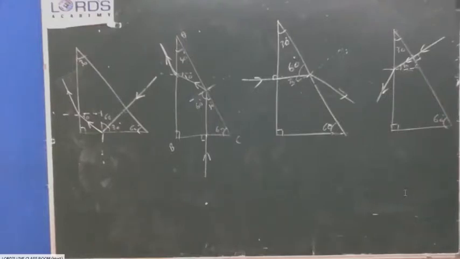It's not in the syllabus, but just understand this: when the refractive index of the medium increases, normally the critical angle decreases.